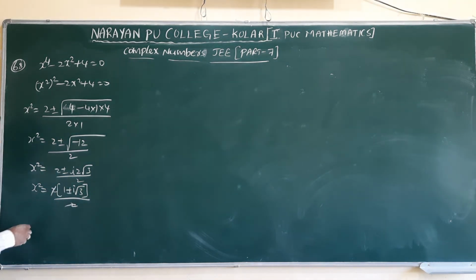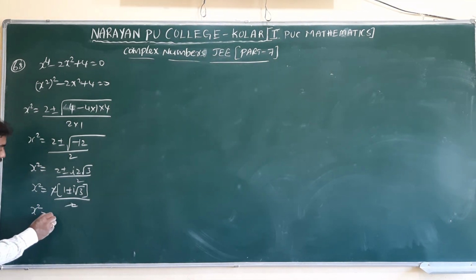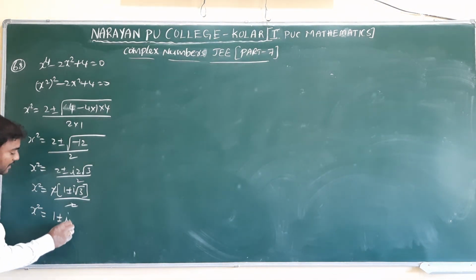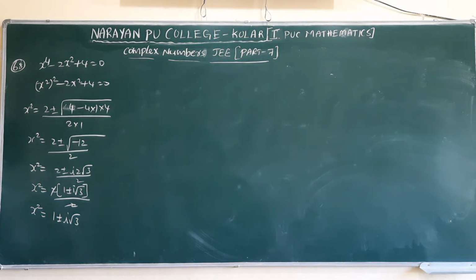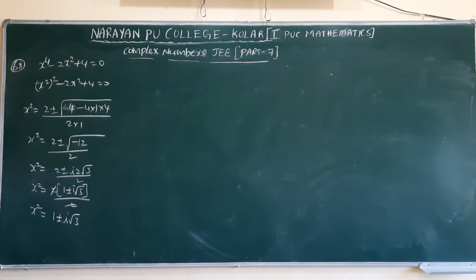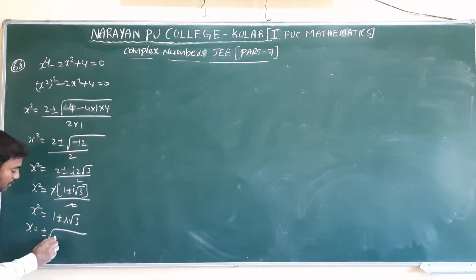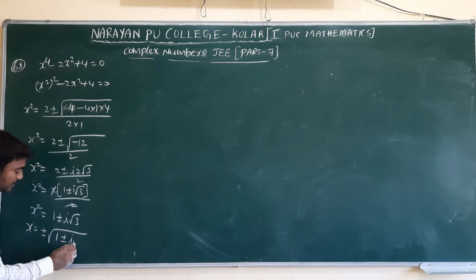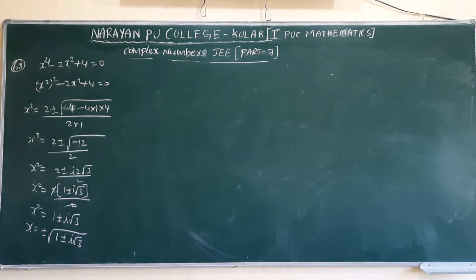The 2 gets cancelled. X square is equal to 1 plus or minus i root 3. But here the x value is plus or minus square root of 1 plus or minus i root 3.